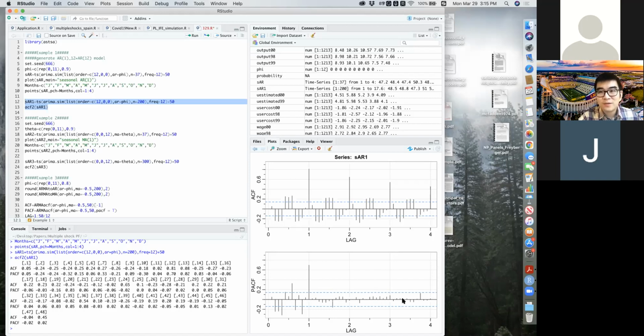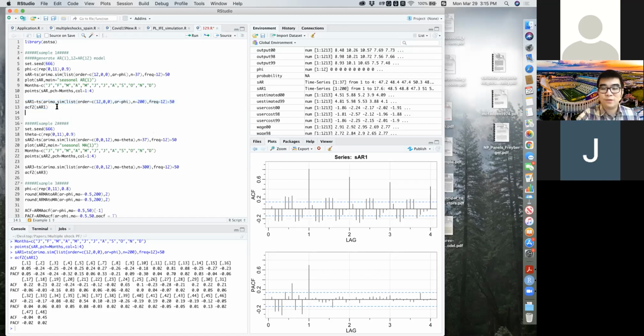It cuts off at lag number 1. But here it is different. It cuts off at lag 12, which can also be thought of as lag 1 times seasonality 12. So it cuts off at 12.